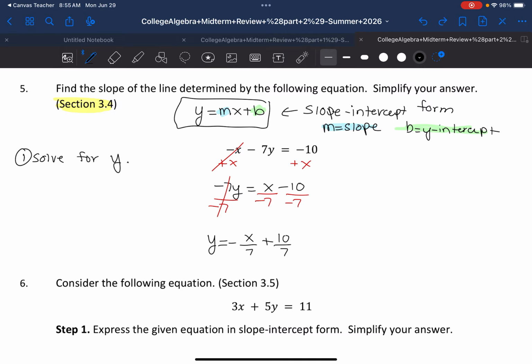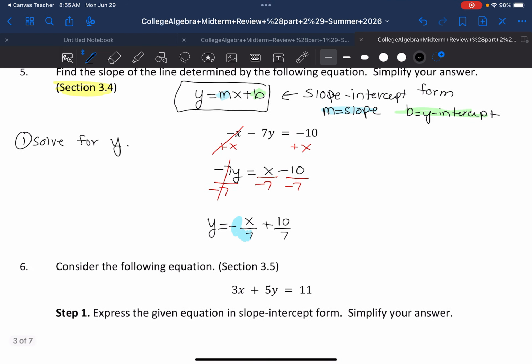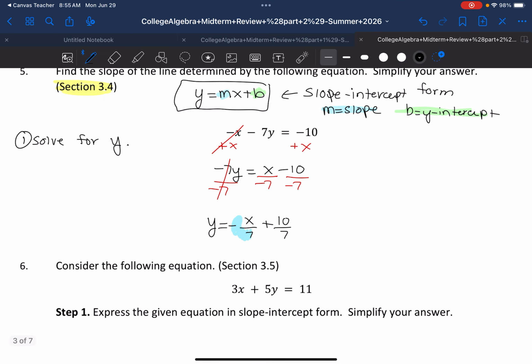So to find the slope, you're trying to figure out what is the number being multiplied by the x in that first term. Well, that is going to be -1 over 7, because -x over 7 is the same thing as -1 over 7 times x. These mean the same thing.